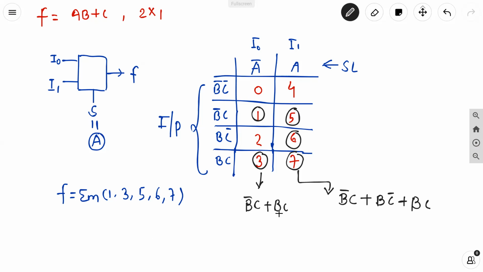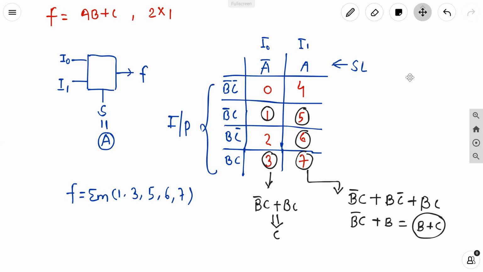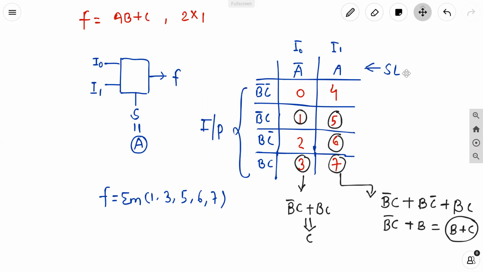If we take C common here, it will have C. And if we take B common from the last two terms, then it will be B plus C. So at I1 we have B plus C and at I0 we have C only.